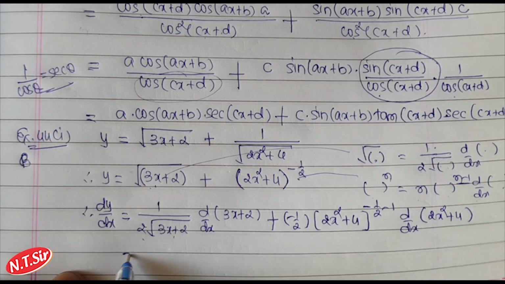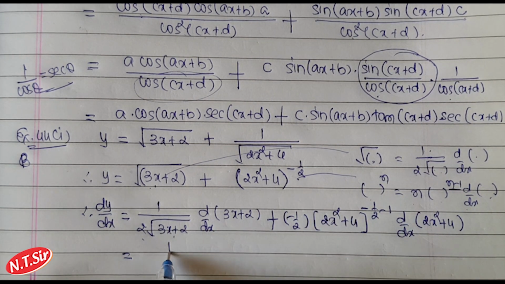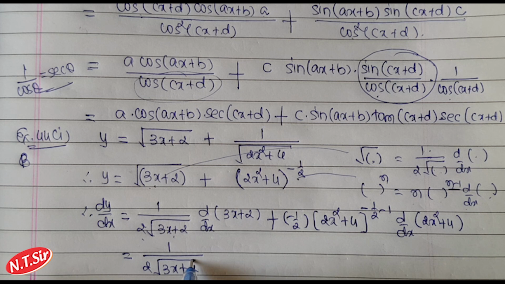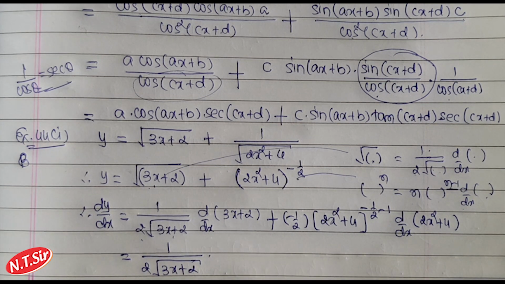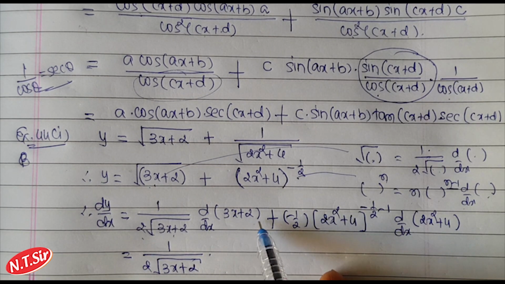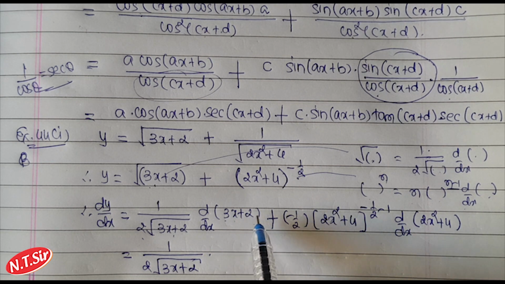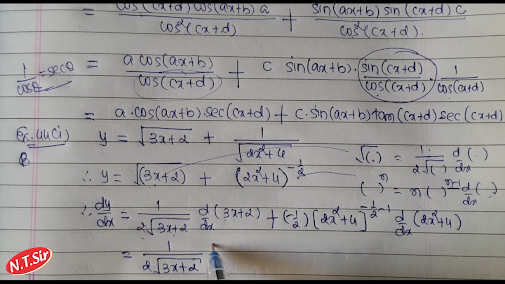So this is 1 upon 2 root 3x plus 2 into, now derivative of 3x plus 2, 3 is constant, derivative of x is 1 and derivative of 2 is 0. So answer will be 3 plus minus, that is minus 1 upon 2.